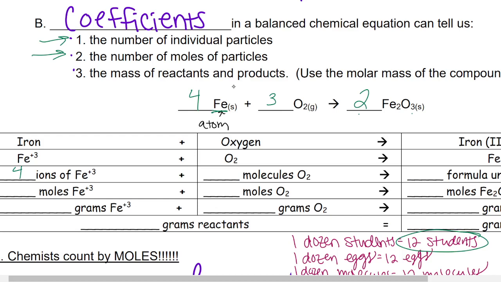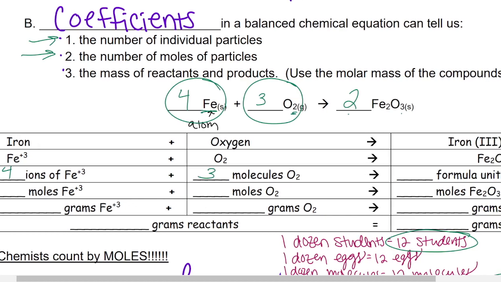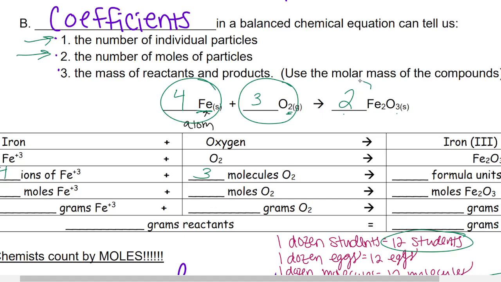For every 4 atoms of iron that I used, I'm also going to use 3 molecules of O2. And that is going to produce 2 formula units of Fe2O3. So for every 4 irons, 3 molecules of oxygen and 2 Fe2O3s.